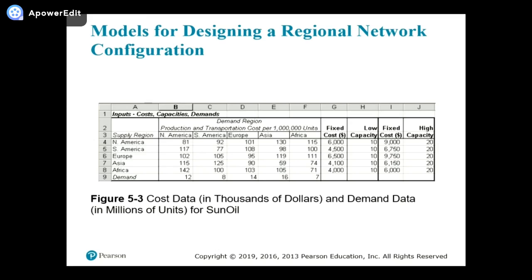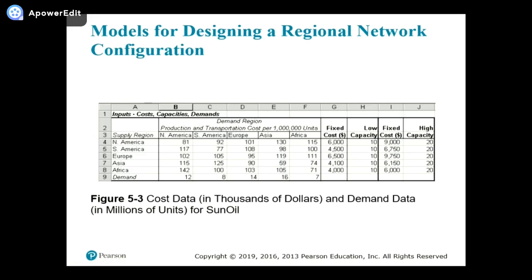And so the company is considering some decisions in order to meet demand. So we have 5 regions: North America, South America, Europe, Asia, and Africa. So these could be our potential supply regions, and each of these regions has some demand as well.